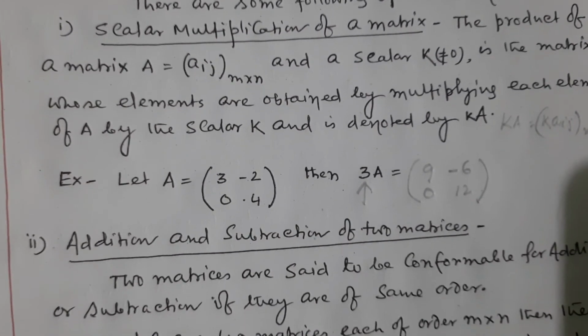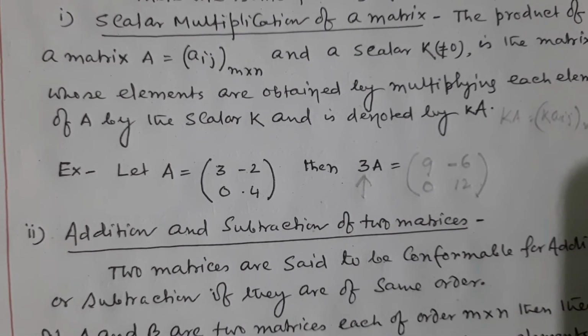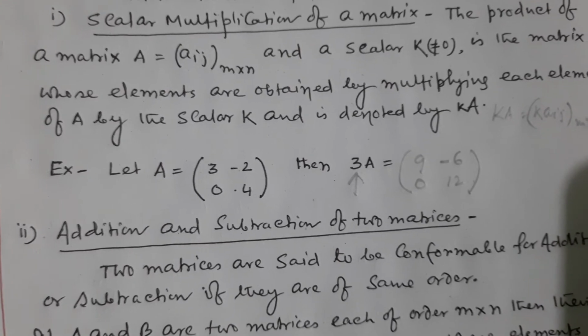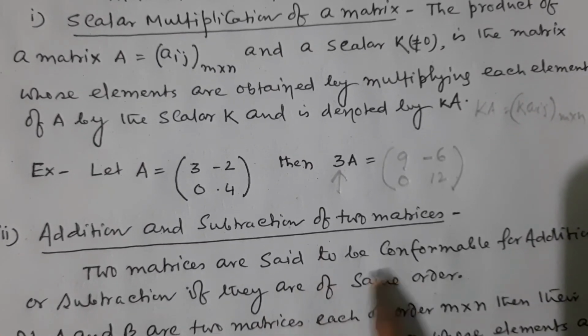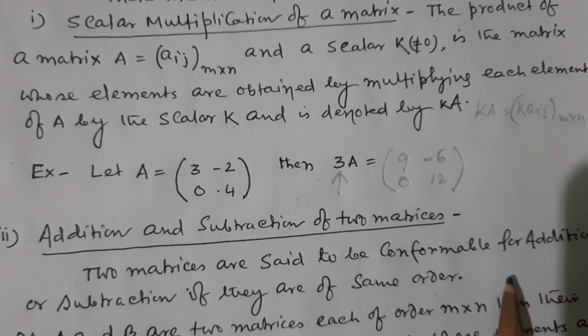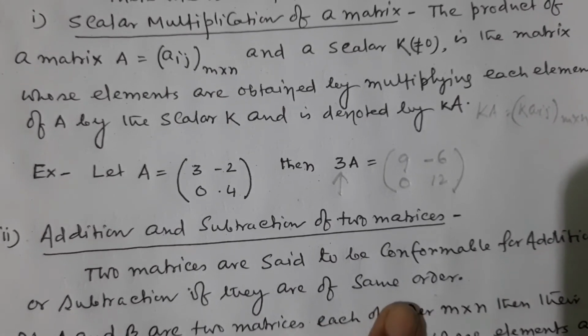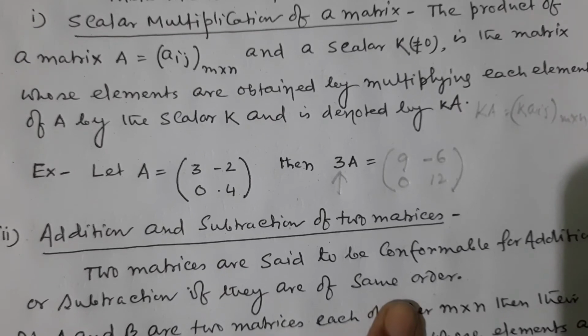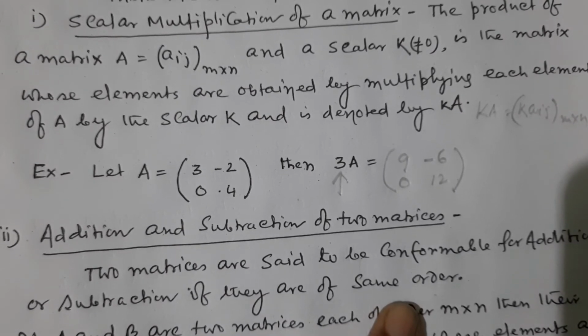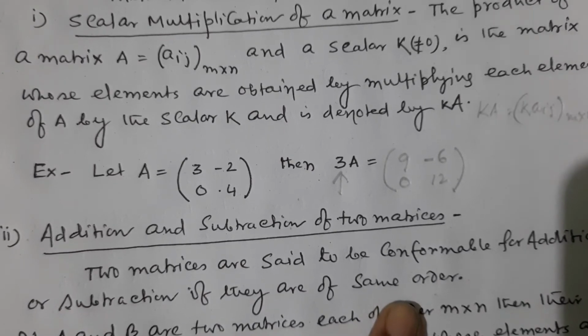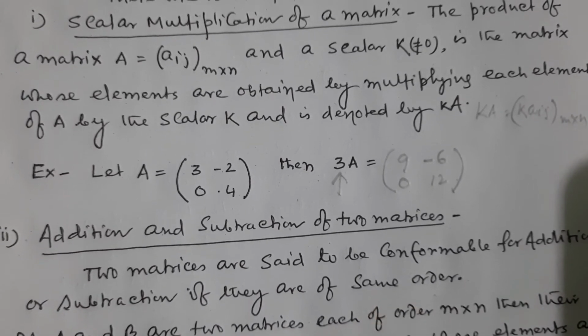Next, addition and subtraction of two matrices. Two matrices are said to be conformable for addition or subtraction if they are of the same order. If the orders of the two matrices are the same, then we can say these two matrices are conformable for addition and also subtraction.